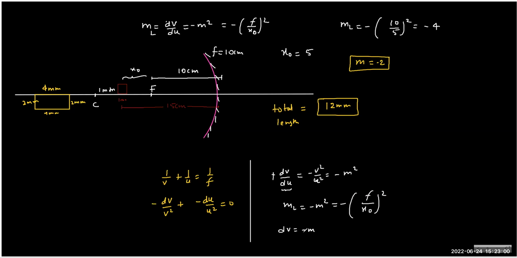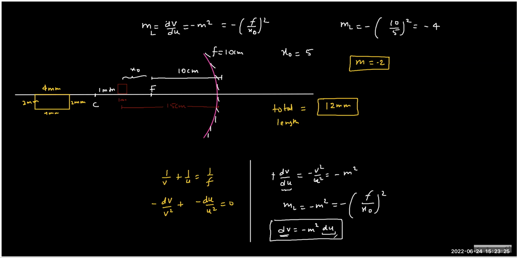So now dv will be how much? It's of course minus m square into du. So this is how you can use, and that's why the stretch of the 2 points on the principal axis will be m square times the stretch of the object. So the image separation is m square times object separation on the principal axis.